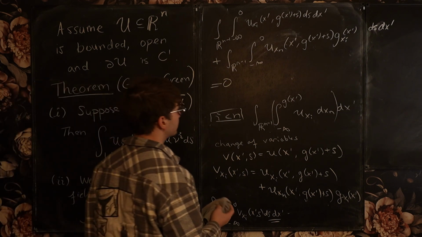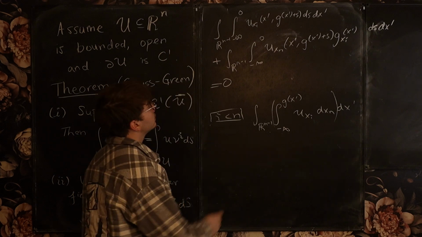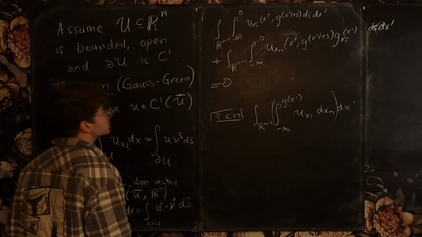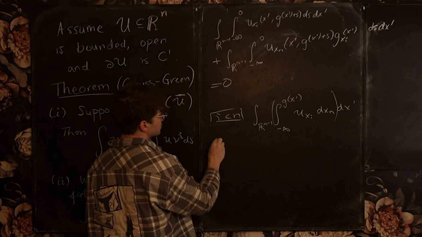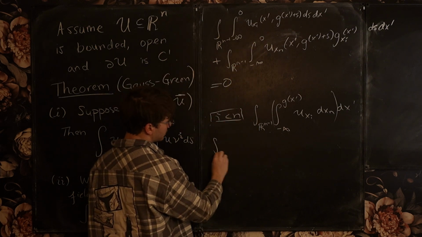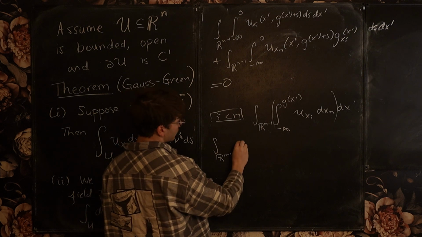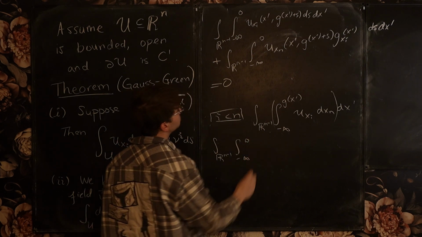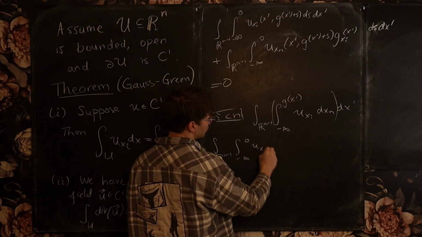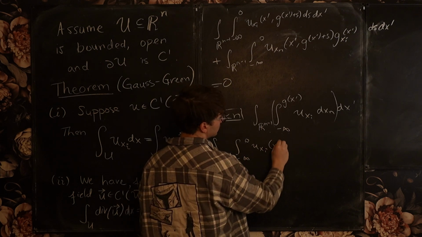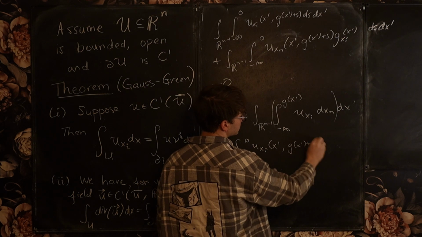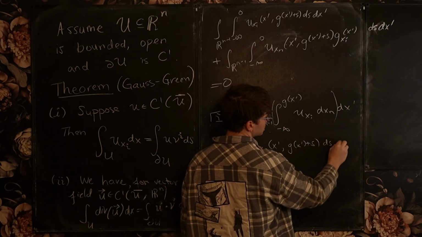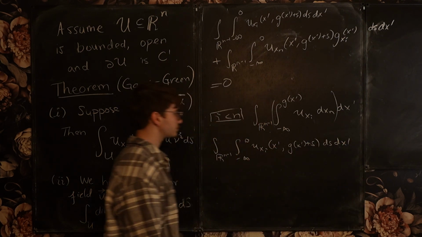This tells me that the left-hand side of this integral, this term here, the integral over Rn minus 1, integral from negative infinity to 0, of u xi, x prime, g of x prime plus s, ds dx prime.